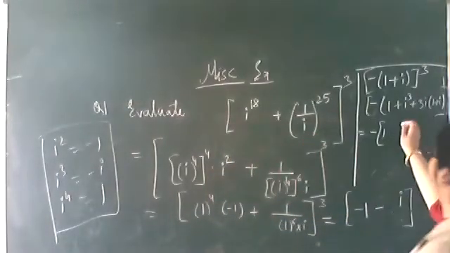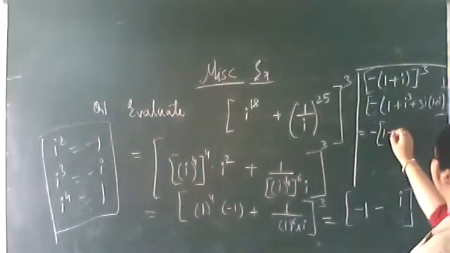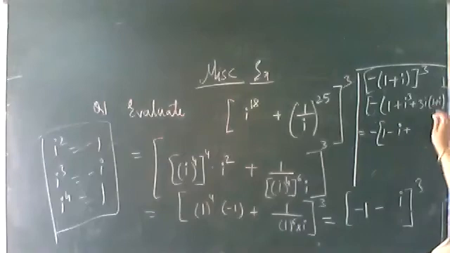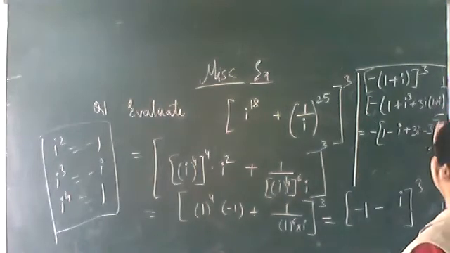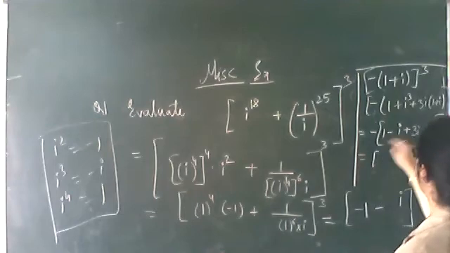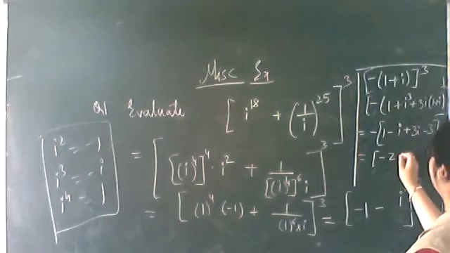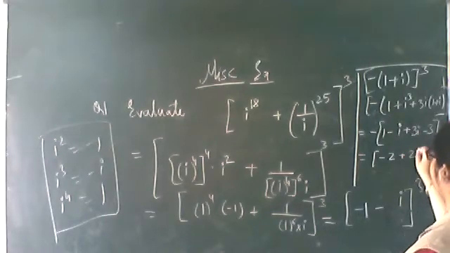Minus iota. So you will have iota cube can be written as minus iota plus 3 iota into 1 will be 3 iota. 3 iota into iota means 3 iota square, that will be equal to -3. Now what it will be? 1 minus 3 will be -2. Minus iota plus 3 iota will be plus 2 iota.